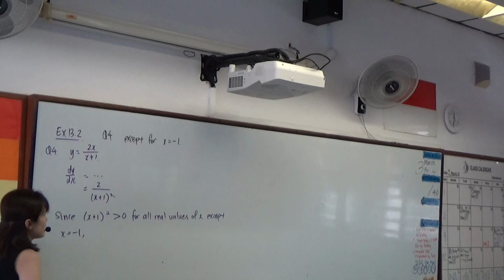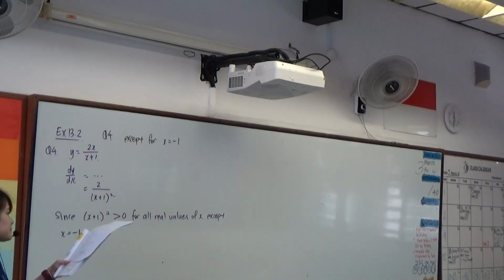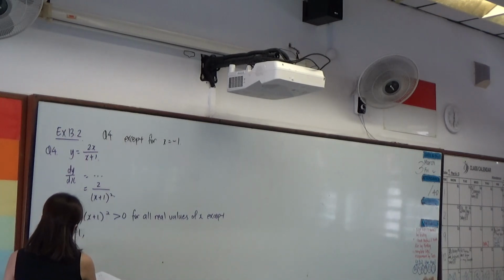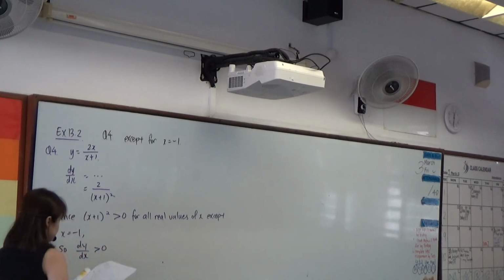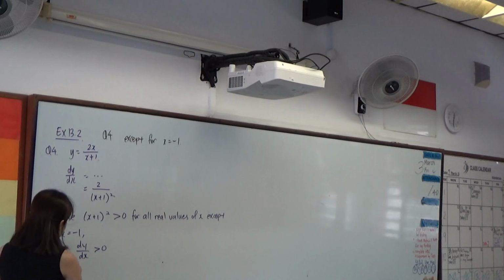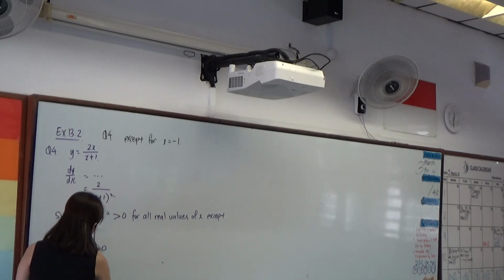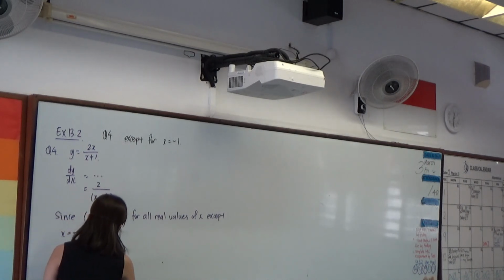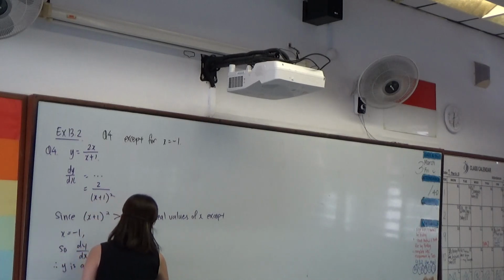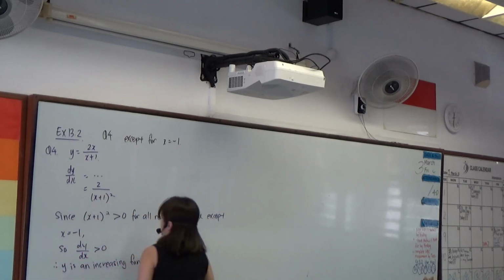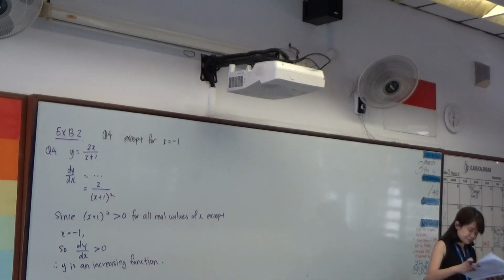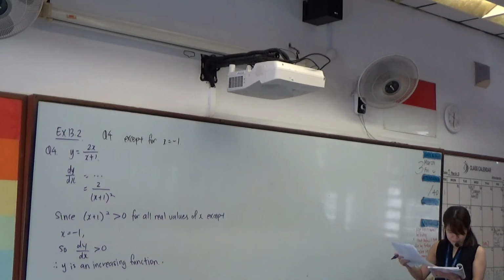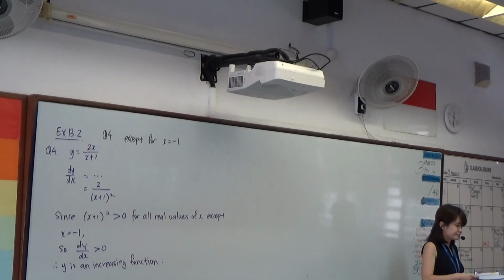There will be an equal sign and not the inequality anymore. Then your dy over dx is more than 0, and therefore y is an increasing function. So the explanation will be as such. Right? Yeah, it's just like that.